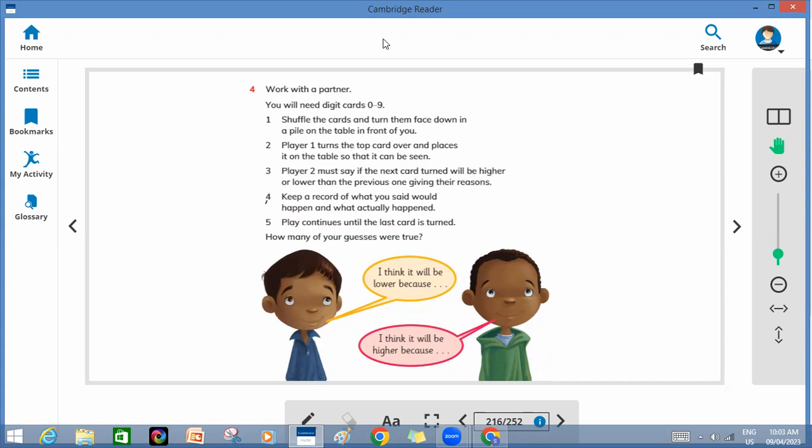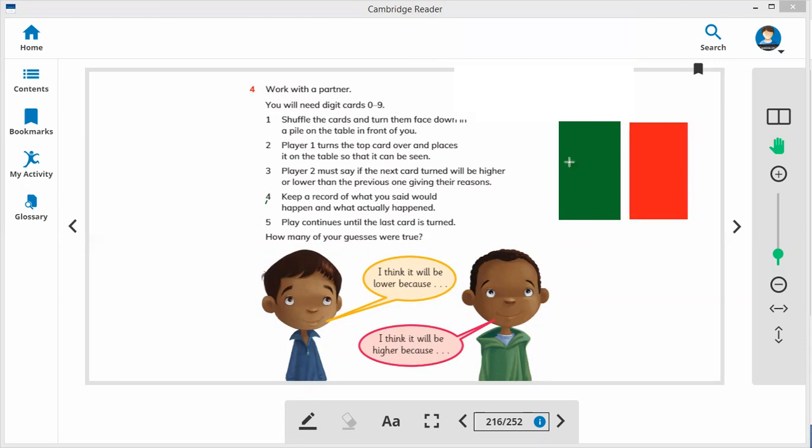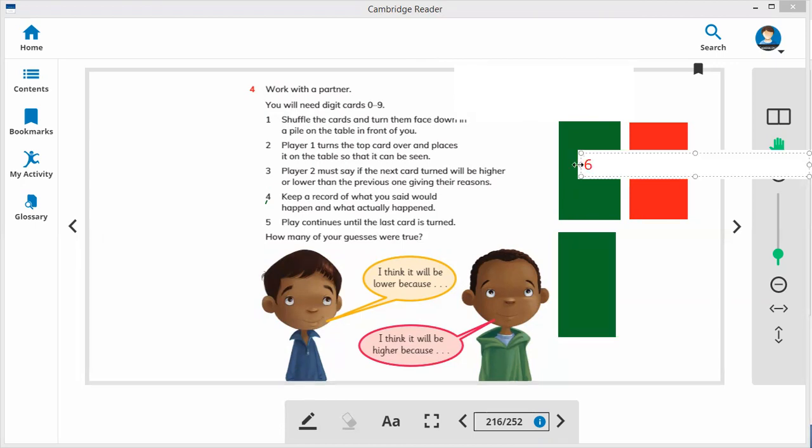So in this question, you are going to use two cards. You are going to choose two cards and put them on the table, like a red card and a green card, again at random, and there will be numbers written on them. For example, here it will be 6.